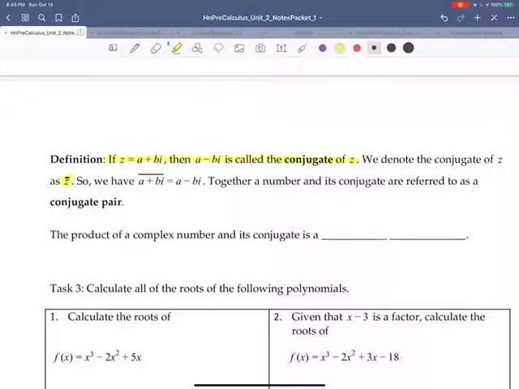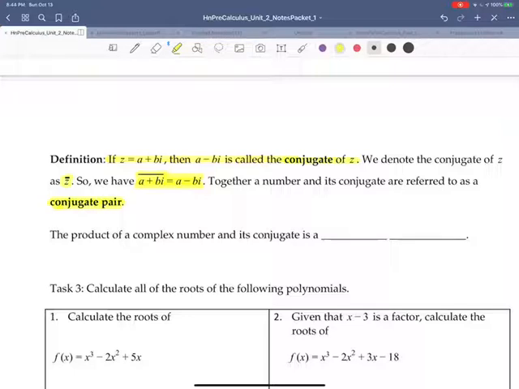So we have a plus bi with a bar on top equaling a minus bi. What you could say is the conjugate of a plus bi equals a minus bi. Together, a number and its conjugate are called a conjugate pair. So a plus bi and a minus bi are called a conjugate pair.